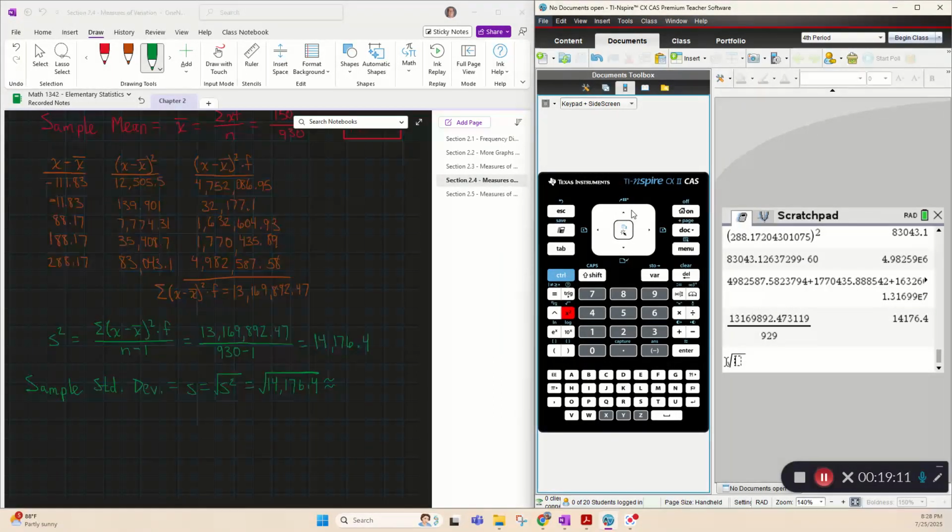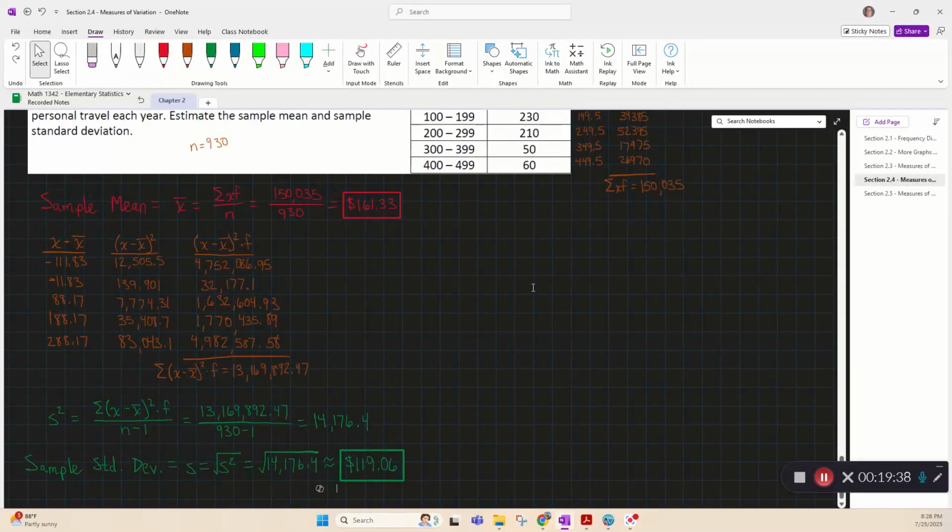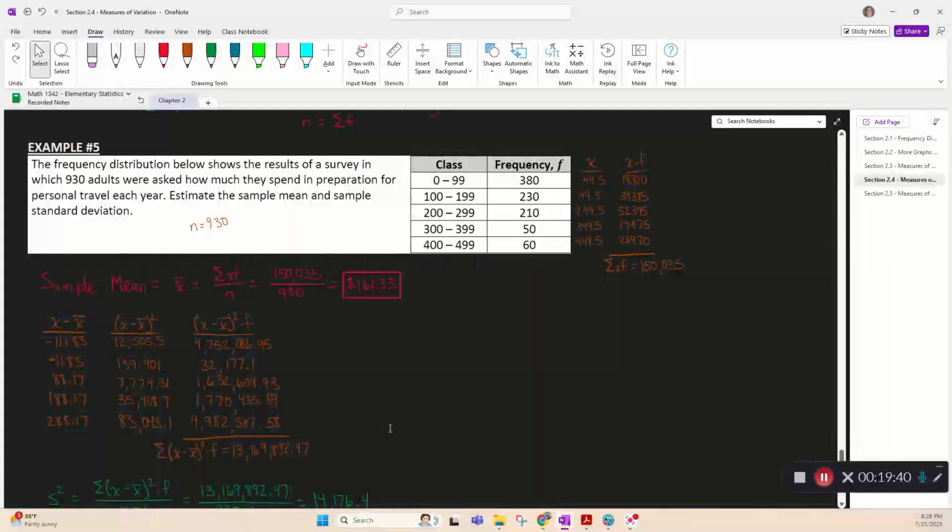Hooray! $119, and I like to see that final decimal, so 6 cents. 119.06. We got it. Yay! Okay, whew, that was intense, but we made it.